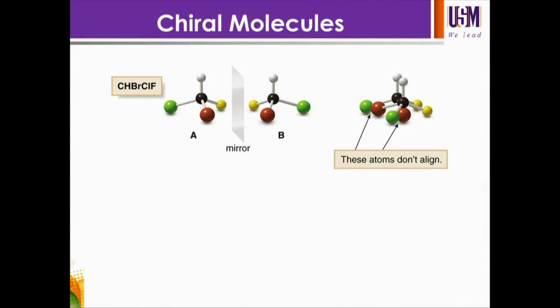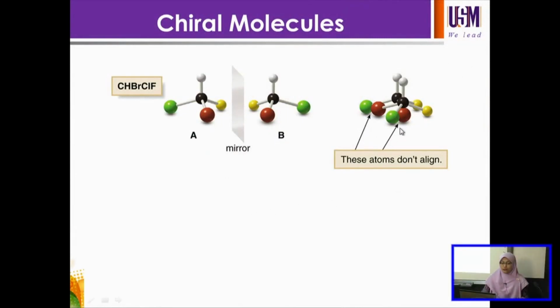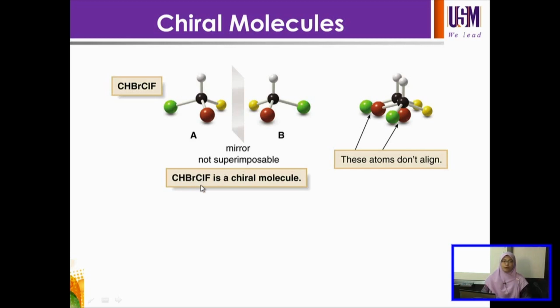They are not the same, even from the front and also from the back. So when we try to rotate this molecule, the atoms don't align. So they are not superimposable, and bromochlorofluoromethane is a chiral molecule.